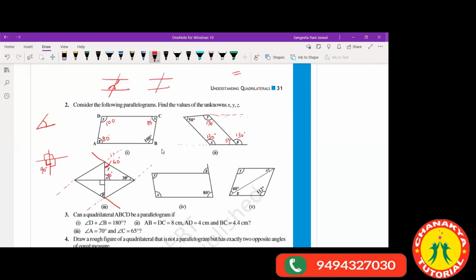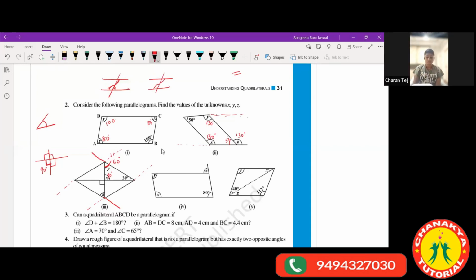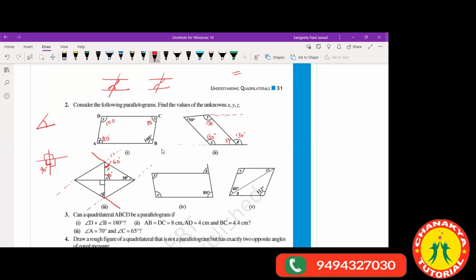Have you studied this property in parallel lines? Yes, ma'am. Alternate interior angles are equal. So if this Y is 60, then this angle Z is also 60 degrees.